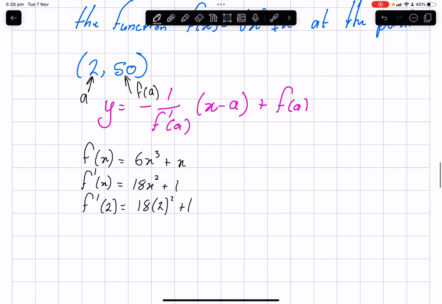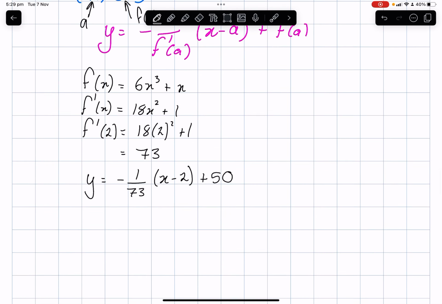Now 2 squared is 4. 4 times 18 is 72. 72 plus 1 is 73. So now we've got all our information. We've got f dash of a, we've got a, and we've got f of a. Let's substitute into our equation. So y equals minus 1 on 73, times x take away 2, plus 50.